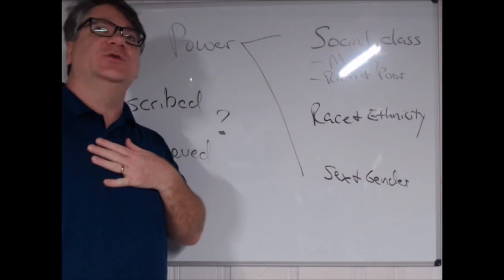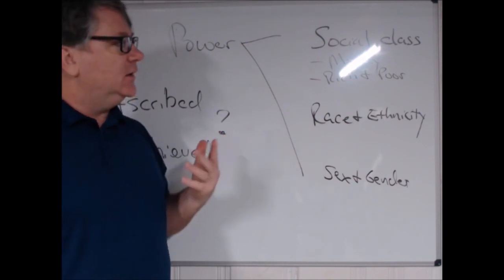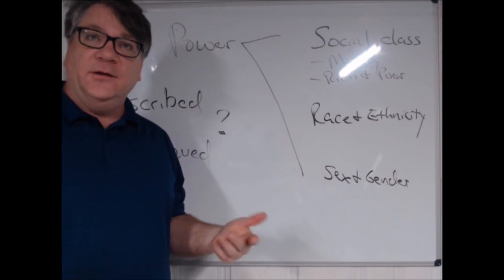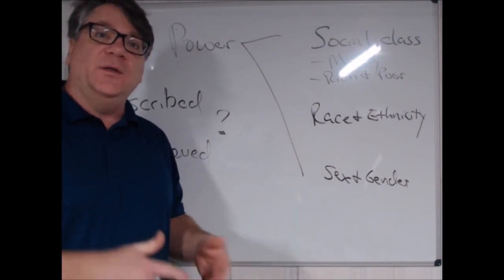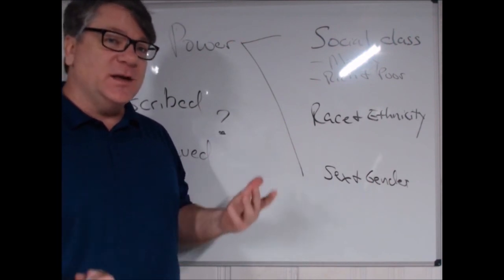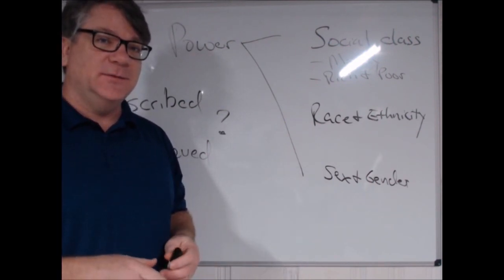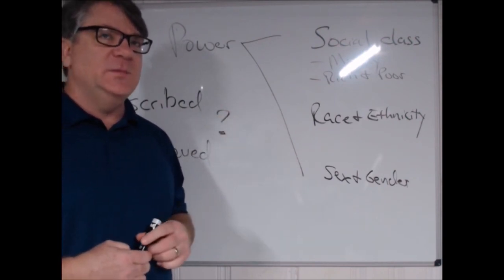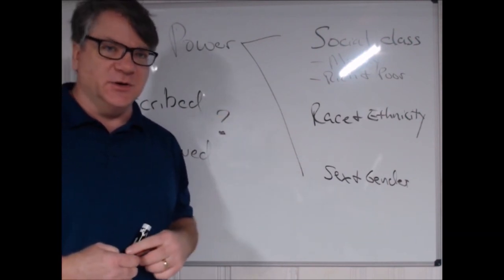I don't have any control as a young child which social class I'm born into, but does it matter? Does it matter if I'm born into wealth or if I'm born into poverty? And so then you start thinking about socialization and access to resources. So this is something that we're going to spend a little bit more time on in the next lecture, okay?